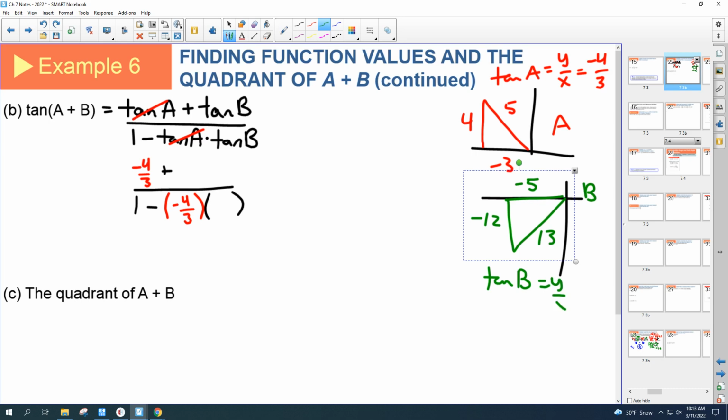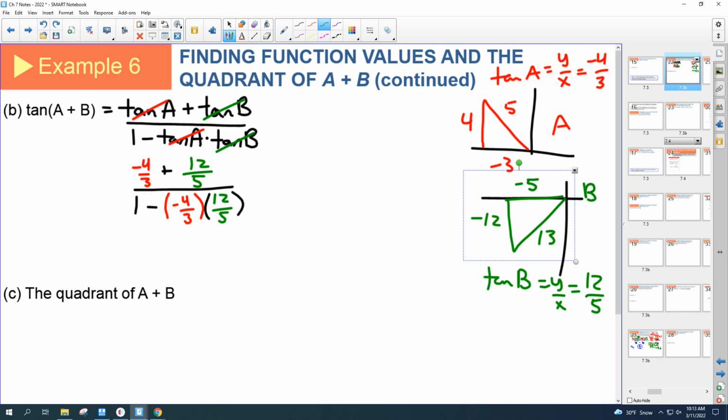Tangent is y over x. So that's negative 12 over negative 5. That's going to be 12/5. Negative over negative is positive. That's 12/5. So this is going to be 12/5. And this is going to be 12/5. We fill in like that.